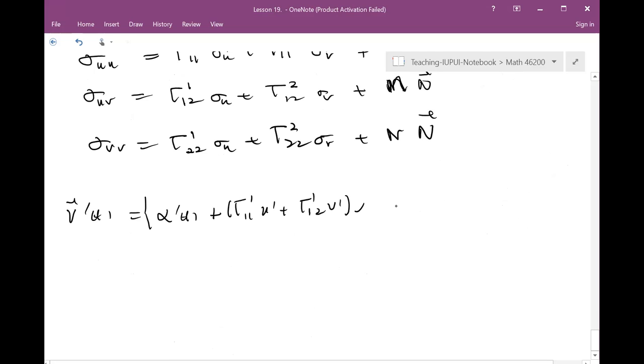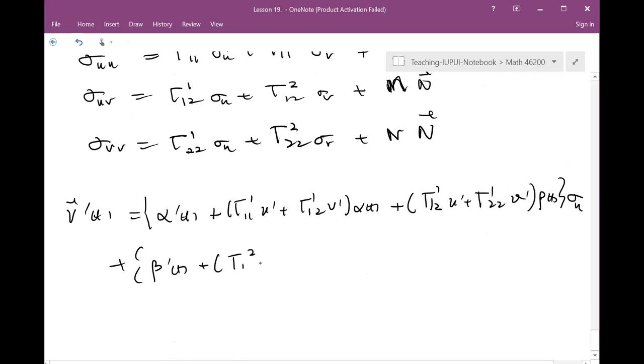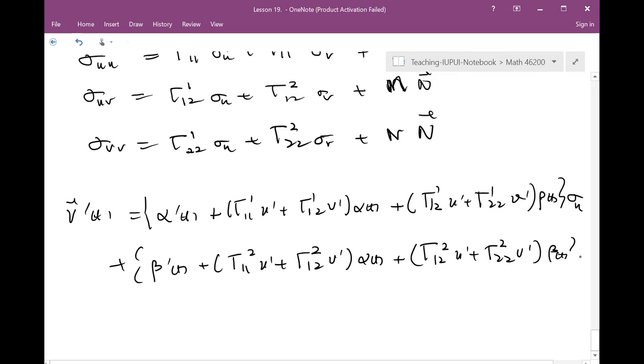It's alpha T plus beta T, this is sigma U. And here's the beta T. Gamma 1,1 U prime, gamma 2,1 V prime. There's alpha T. And then, wow, the geometry is pretty complicated, so we have to use Maple samples, sigma V.